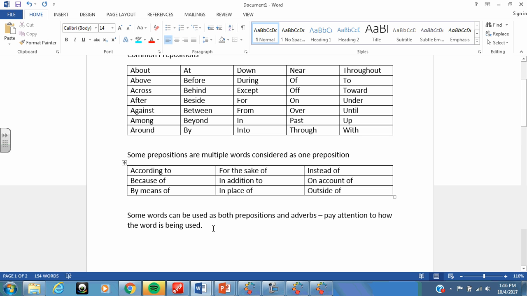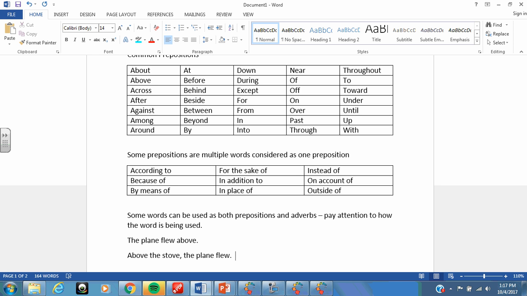Another thing that we need to know about prepositions is that sometimes they can be used as either prepositions or adverbs. So if I said the plane flew above, versus above the stove, the plane flew.